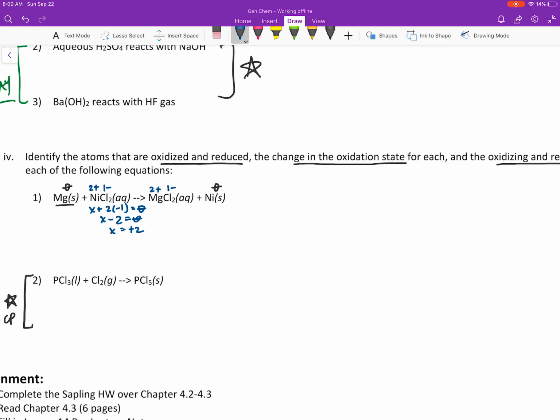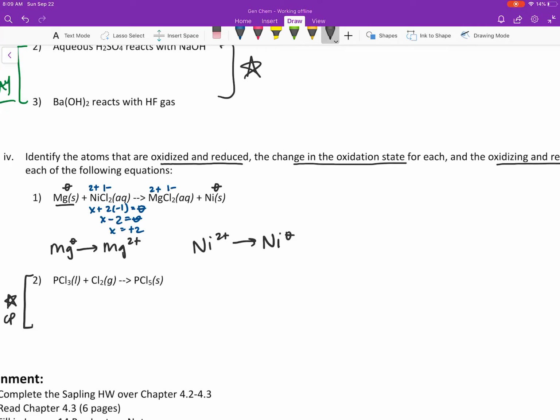I didn't really have a rule to predict that. So they're both going to have a 2 plus charge. Okay, so now I know the magnesium is going from 0 to 2 plus, and nickel is going from 2 plus to 0.